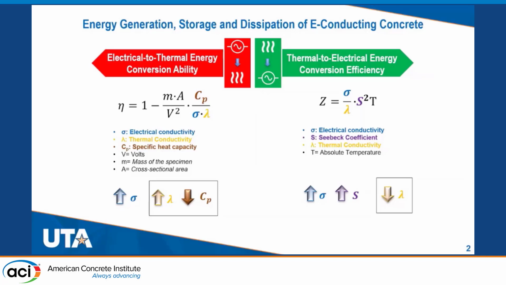For the first case, it is the electrothermal efficiency, given by the equation on the left part of the slide, and for thermal to electrical energy conversion, the thermoelectric efficiency, we talk about the thermoelectric figure of merit. If we take a close look at these two equations, we see that there are specific properties that dictate this conversion efficiency: the electrical conductivity, sigma, thermal conductivity, lambda, and specific heat capacity, Cp.